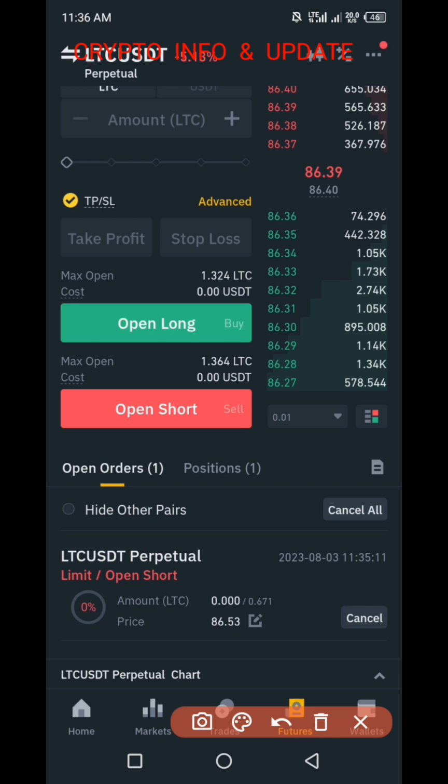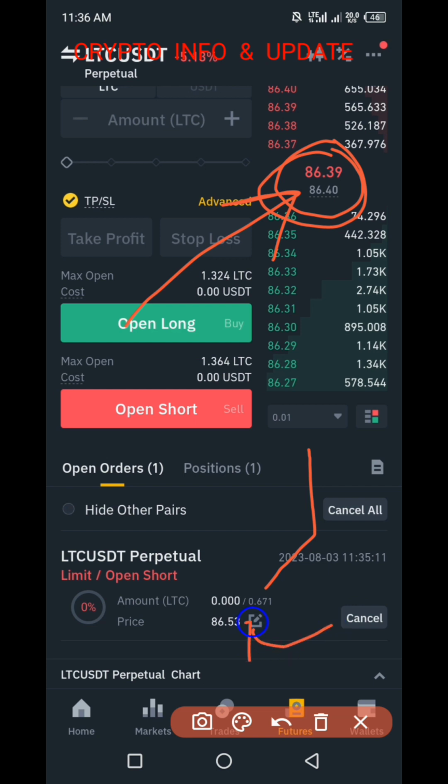At that point, the market price was 86.39, as you can see here, and the price at which I am looking for it to get filled is 86.53. That's why it wasn't filled immediately and came under open orders.